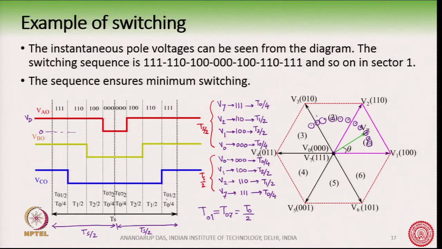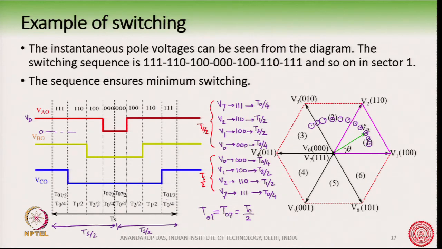Okay. The reference vector is rotating, for example, in a circle. So, this is the voltage which is getting impressed on the load. Okay. The load phase voltage space vector is this Vr which is rotating in a circle, and we are trying to realize this one using these samples each time.